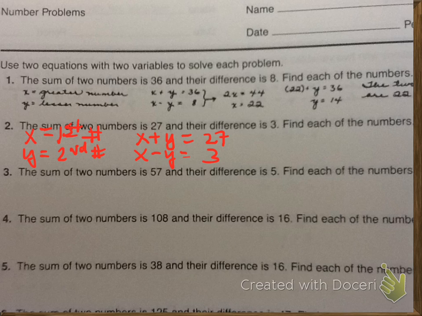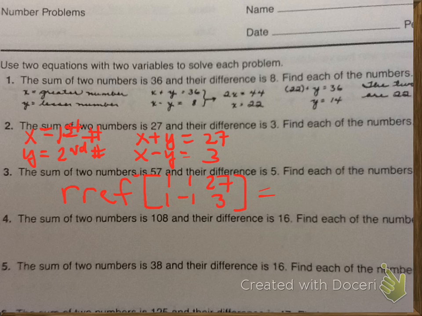If you were trying to set this up for the matrices, because you want to practice, then the matrix method would be right there, all set up and ready. You could do reduced row echelon form and have 1, 1, 27 for a row, and then 1, negative 1, 3 for a row, based on the numbers on each equation.